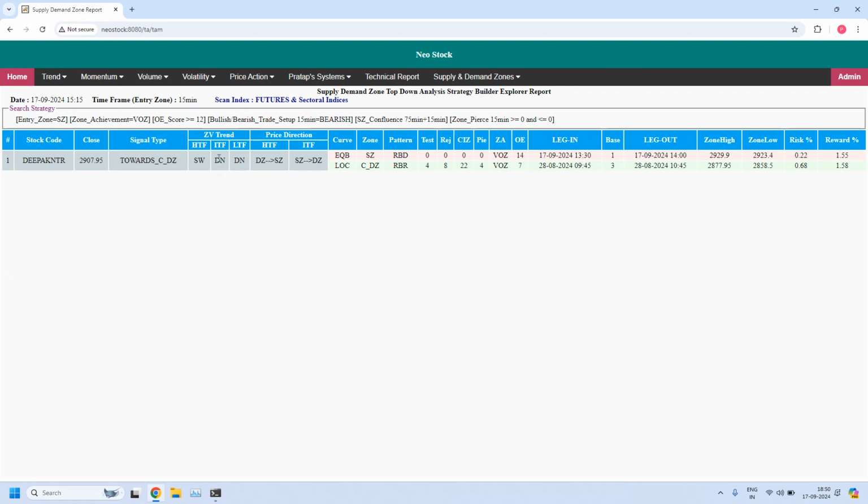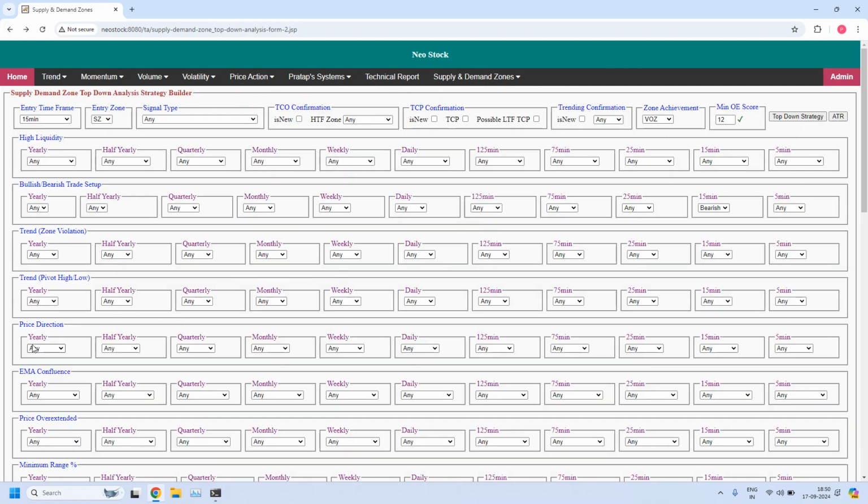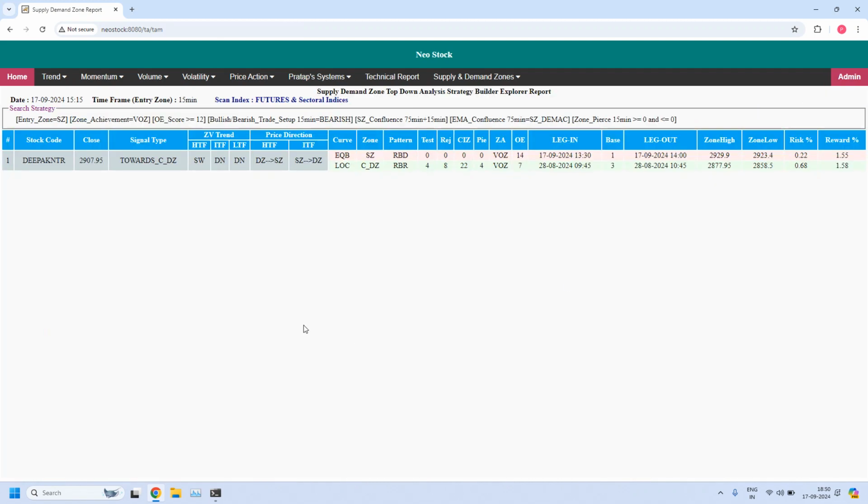And this 75 minute supply zone is having daily EMA confluence. Then the supply zone could be a high probability trade setup. Already zone confluence is high probability, and EMA is also supported, so it is even more high probability. So 75 minute supply zone with daily EMA confluence. Oh, excellent. The 75 minute supply zone is having daily EMA confluence.